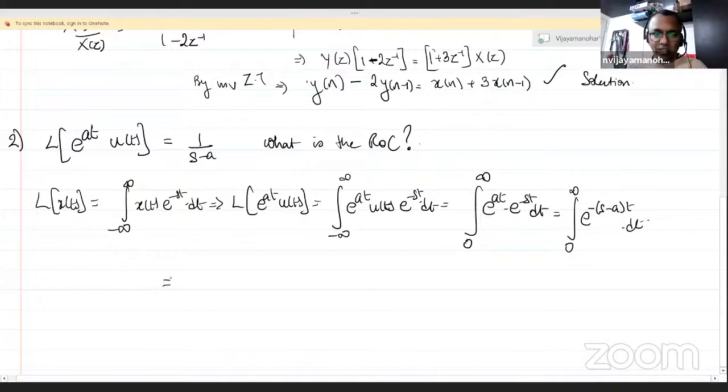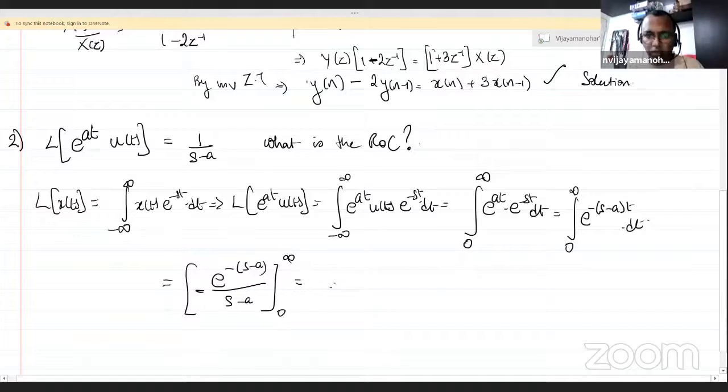So now if I take the integration, I will get e power minus s minus a t divided by s minus a, of course with a minus symbol here, between 0 and infinity. I have to evaluate this function at infinity, correct?